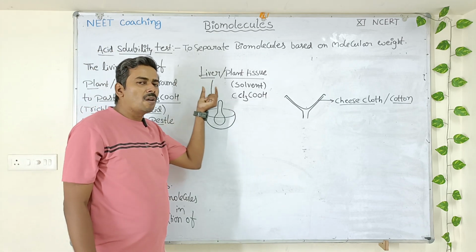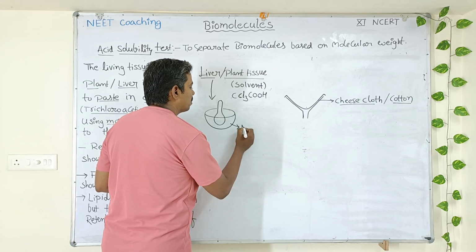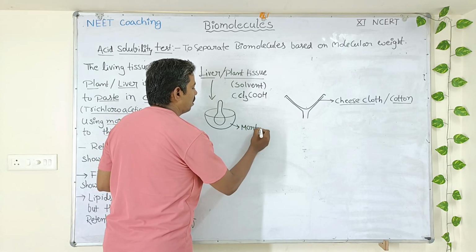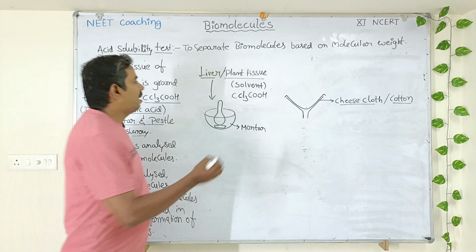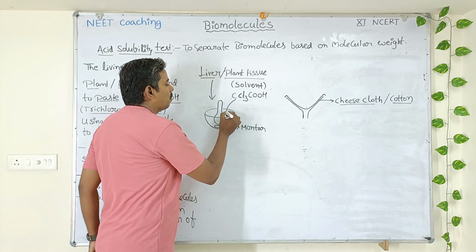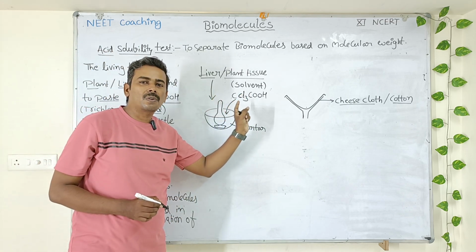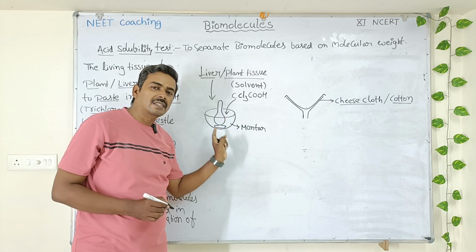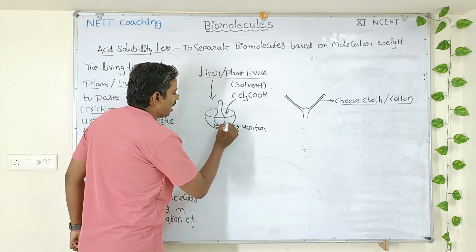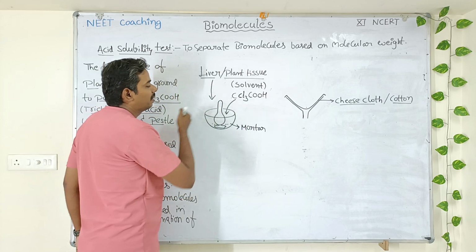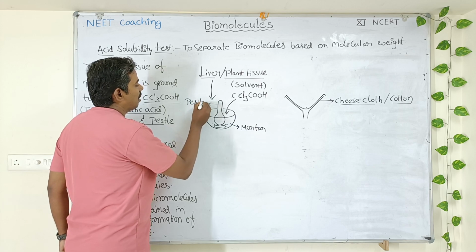For now I am taking liver tissue. I am putting a small piece of liver tissue in a mortar. This vessel which is made of ceramic material is called a mortar. I will add the solvent trichloroacetic acid, CCl3COOH, into this mortar, and once the liquid is added, I start grinding the liver tissue using a pestle.